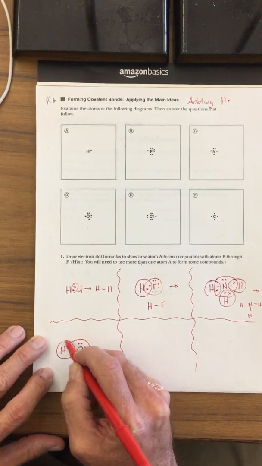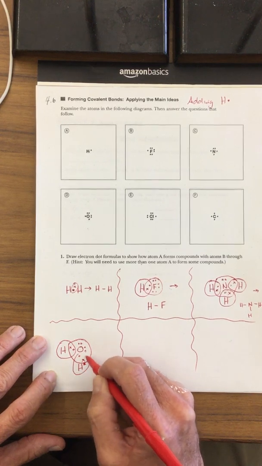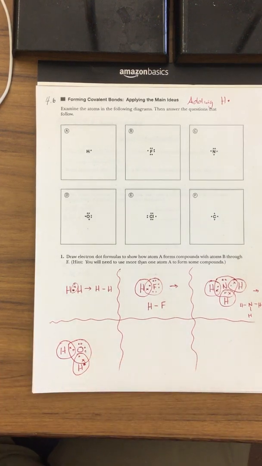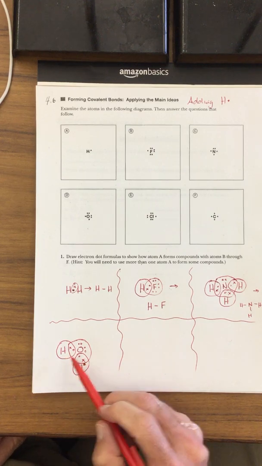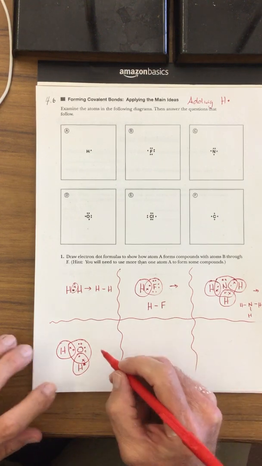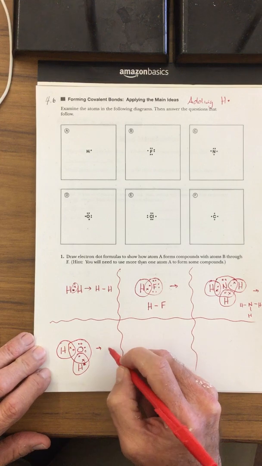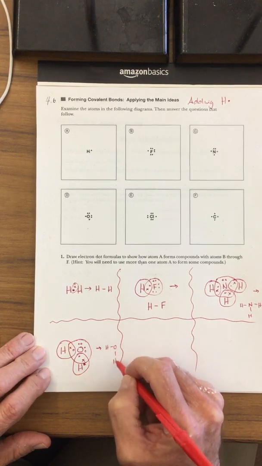This hydrogen has 2 going around. This hydrogen has 2 going around. So the hydrogen will always have 2 to be complete, and the other elements will have 8 to be complete. What have we just formed here? HOH, also called H2O. We've just formed water.